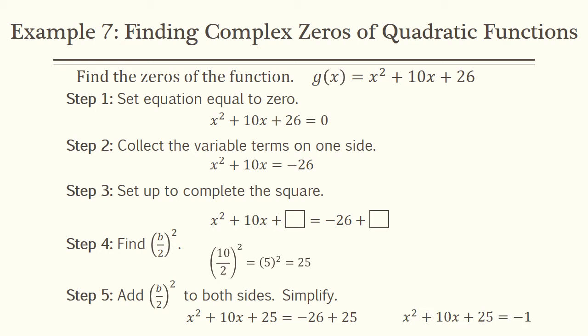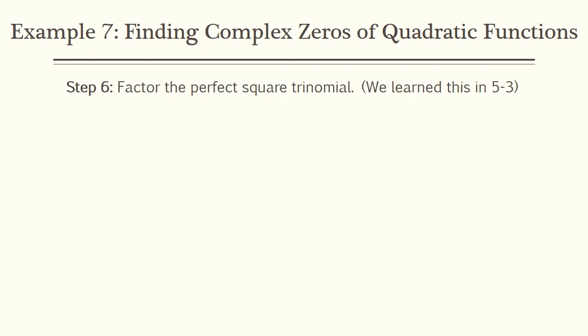My next step is going to be factor the perfect square trinomial. Yet again, reminder, anytime you're completing the square, you are making a perfect square trinomial. Square root of the first term, sign of the second term, square root of the third term. So doing that, I get x plus 5, the quantity squared, equals negative 1.